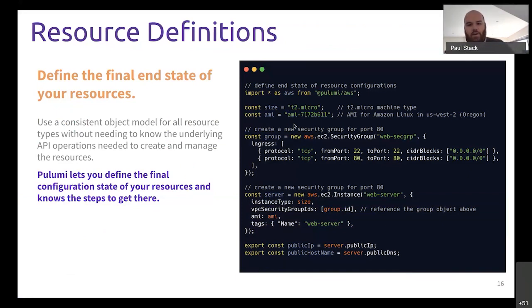But because it's an imperative application, you need to understand and create the correct application structure that will allow you to run it. Because in this case, in JavaScript, if I was to try and declare the instance before the security group, then of course that's not a correct application structure, and it would actually fail to compile. So it's really giving you the ability to create that end state configuration in an imperative manner.